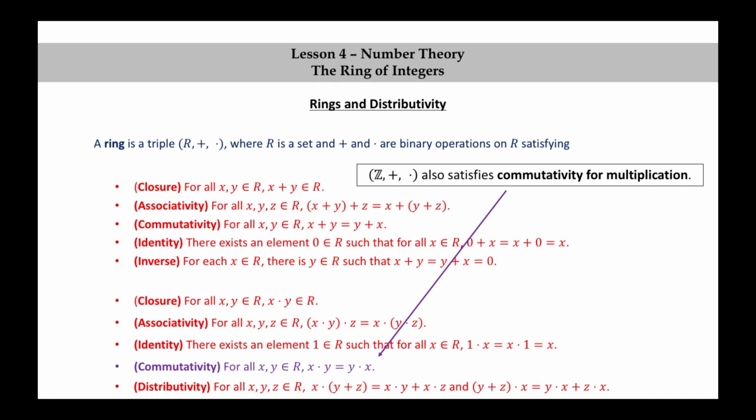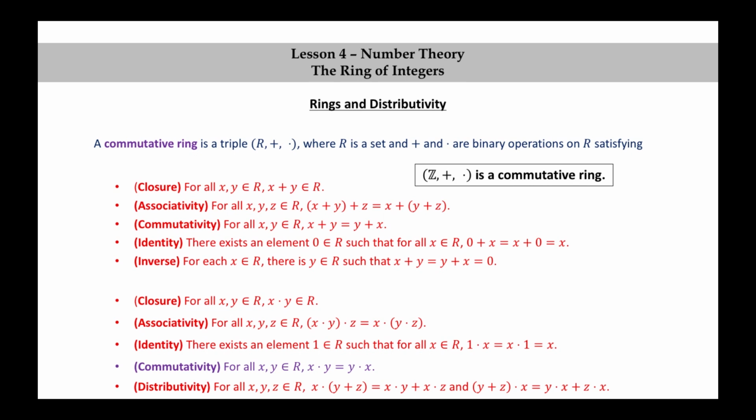Since we have this additional property, we talk about a commutative ring. So the set of integers together with addition and multiplication is actually a commutative ring because it also satisfies commutativity for multiplication. Note that all rings satisfy commutativity for addition. If we also want commutativity for multiplication, then we need to call it a commutative ring.